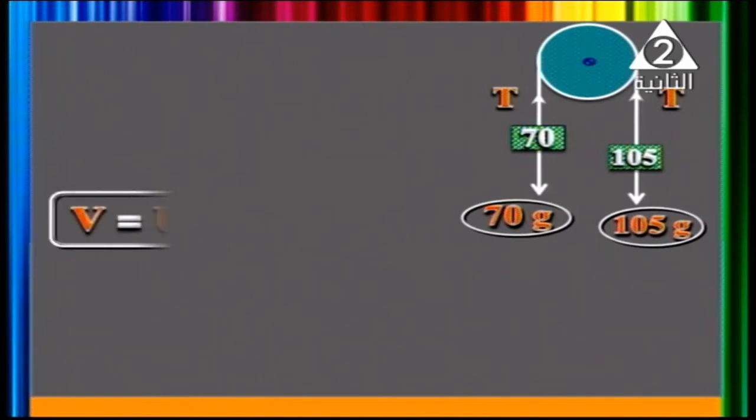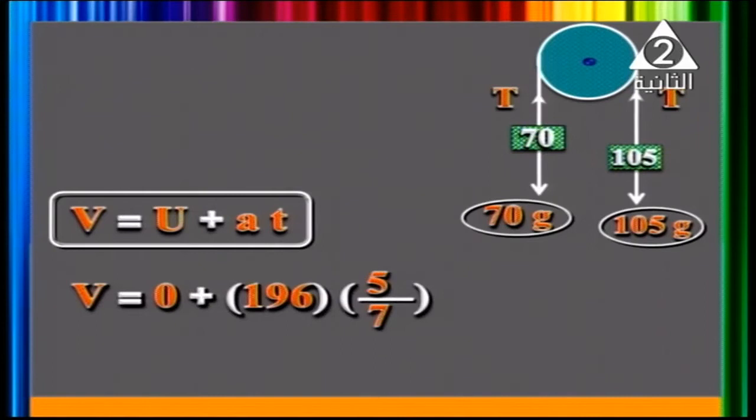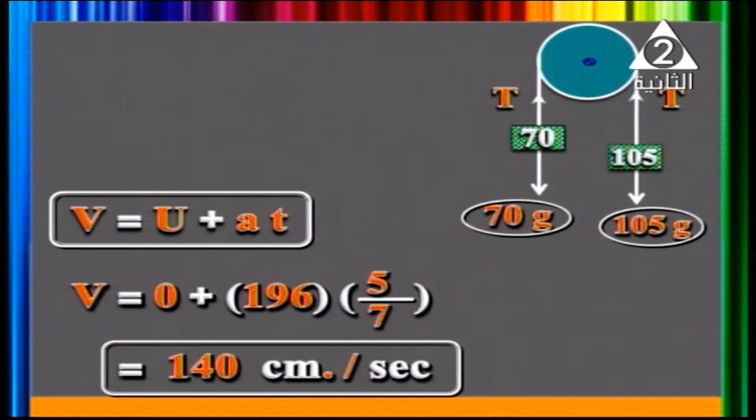By using the first equation of motion, v equals v naught plus at, the velocity equals 196 times 5 over 7 equals 140 centimeter per second.